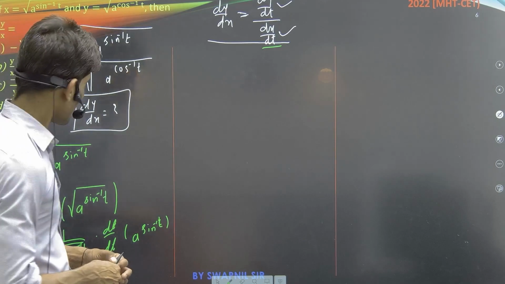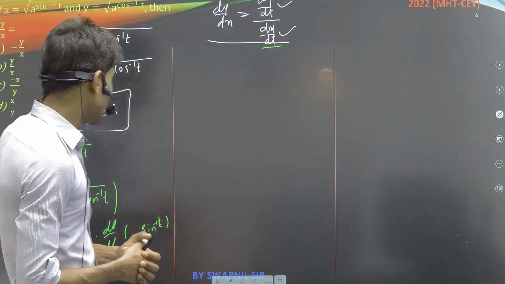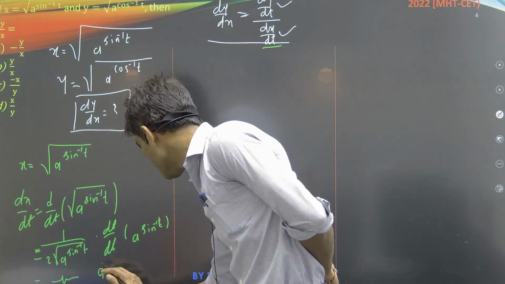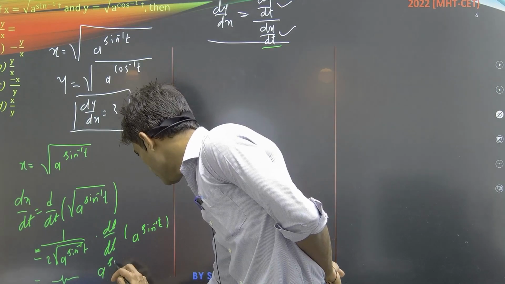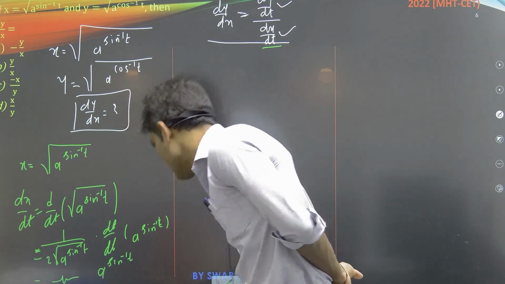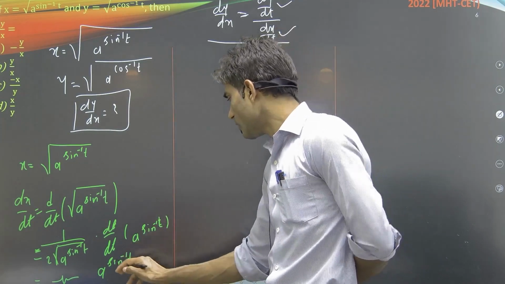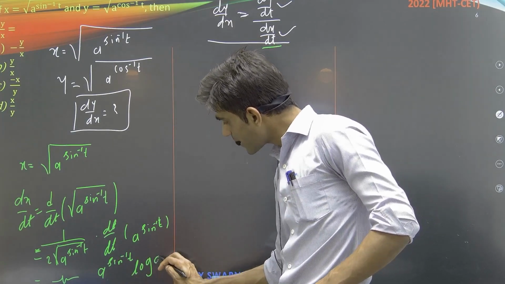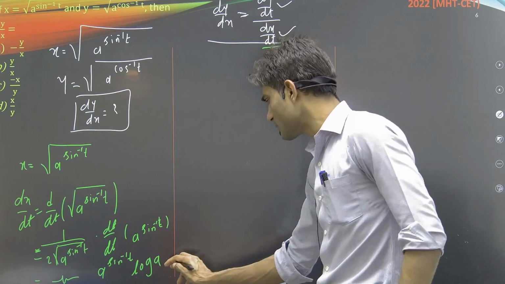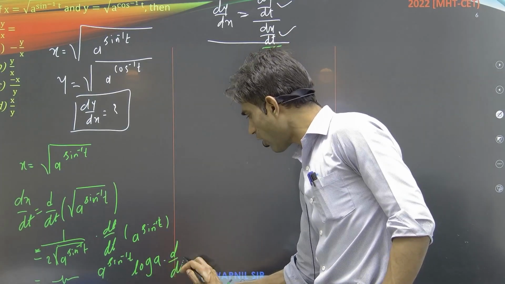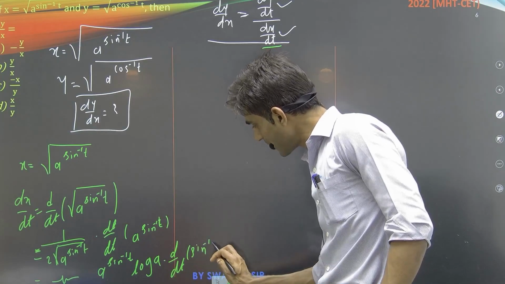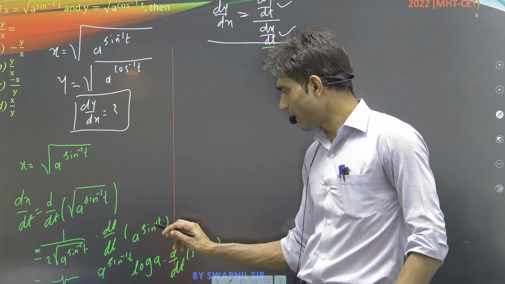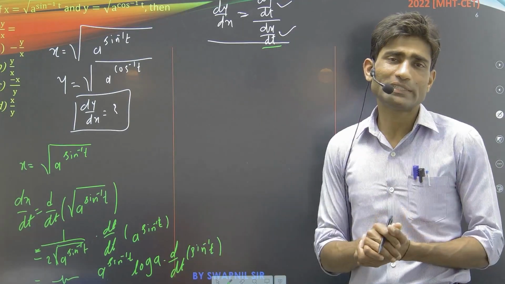So a to the power sine inverse of t stays as it is, then a to the power x log a, and after that the differentiation of sine inverse of t, d by dt of sine inverse of t. I am writing all these steps separately. It is a composite type of differentiation, so we have to differentiate till the last function available in our example.